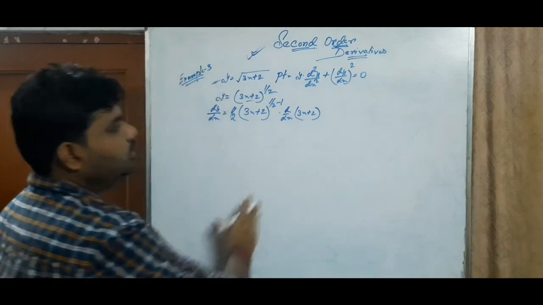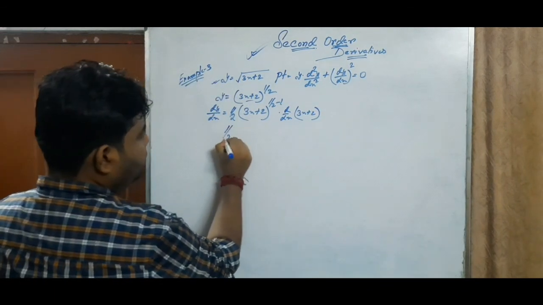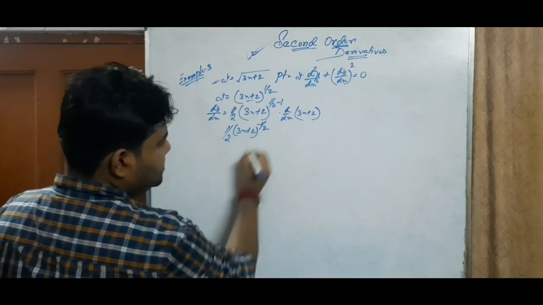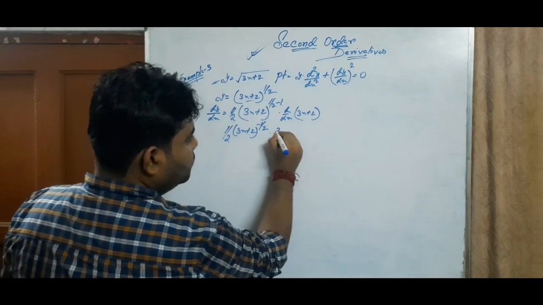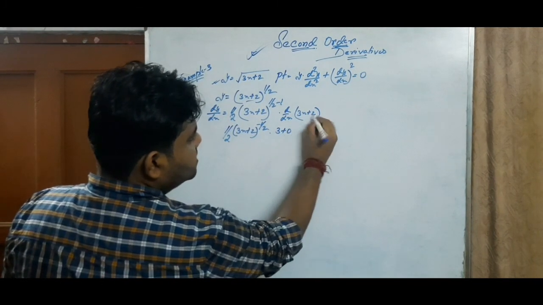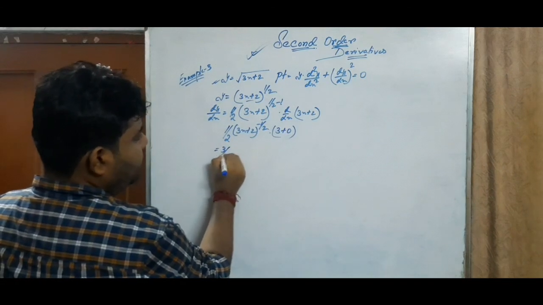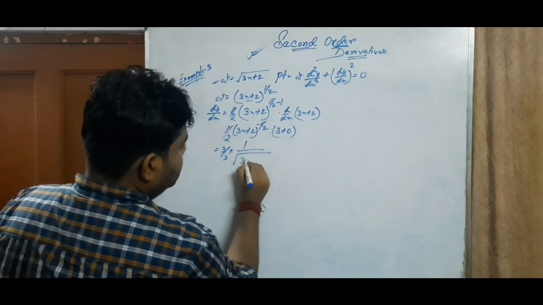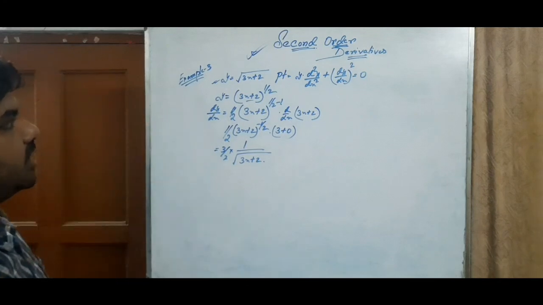That is the chain rule. We are applying the chain rule. Now that is half 3x plus 2 whole to the power of minus half into 3 plus 0 since constant. Okay, that is 3 by 2 into 1 by root over 3x plus 2. So this is the first order derivative.